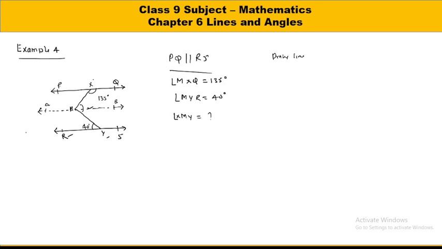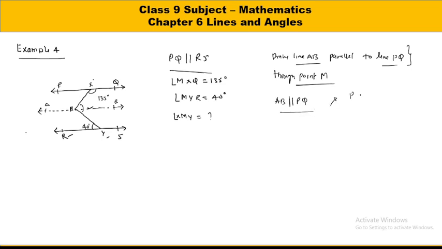Draw a line AB parallel to line PQ through point M. So now we are having that AB is parallel to PQ and PQ is parallel to RS.